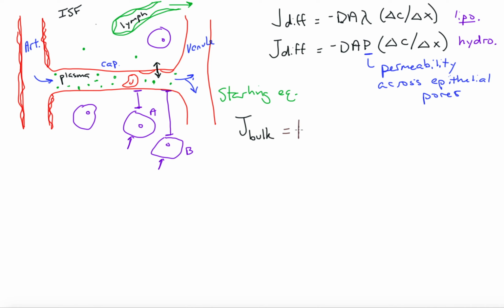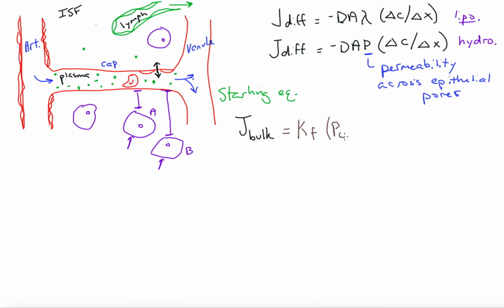Okay, and so we've got this variable called Kf, and then we're going to multiply that by the difference between our hydrostatic and oncotic pressures, I should say. I'll give you the meaning of these in a minute.